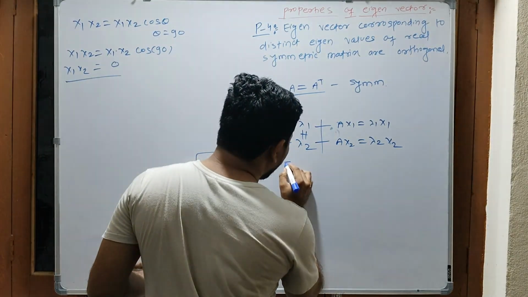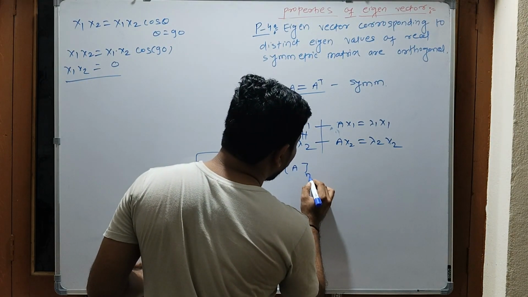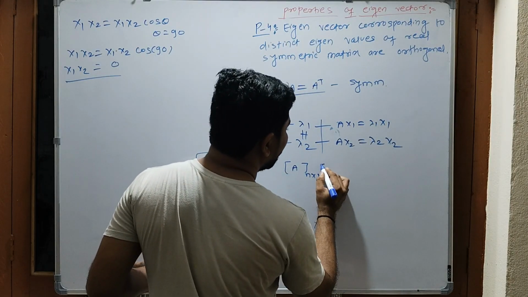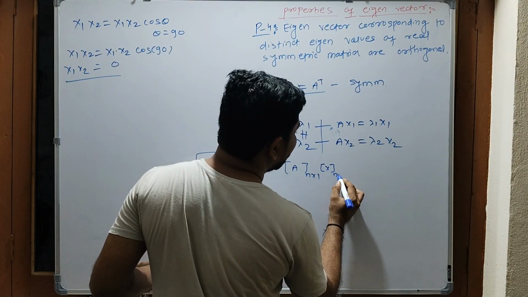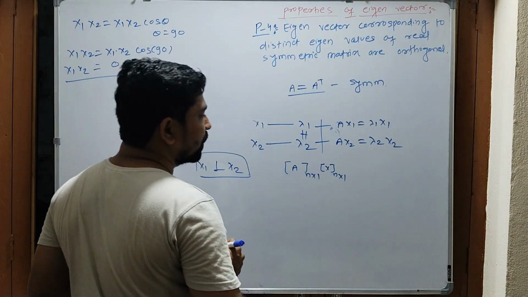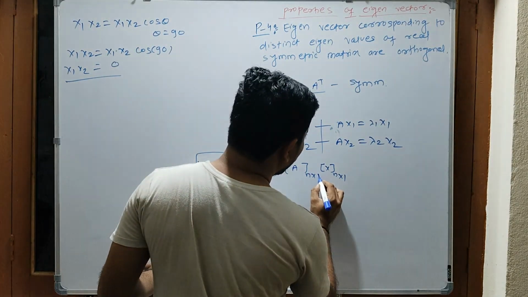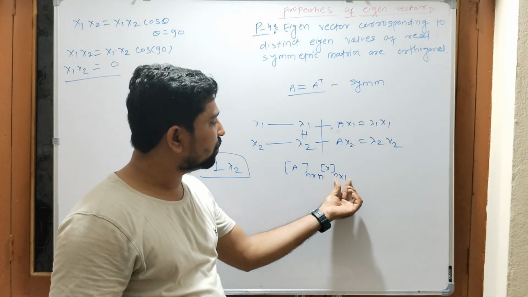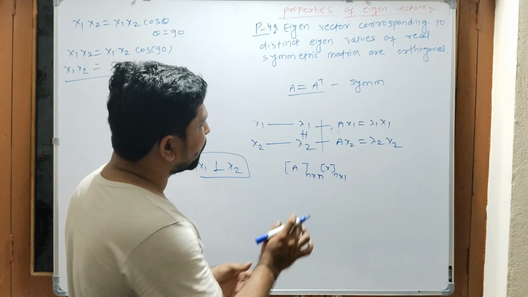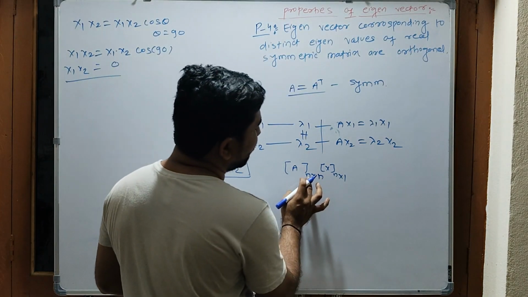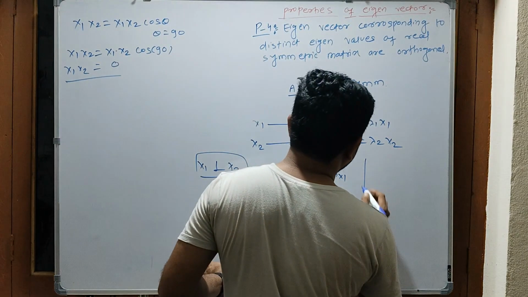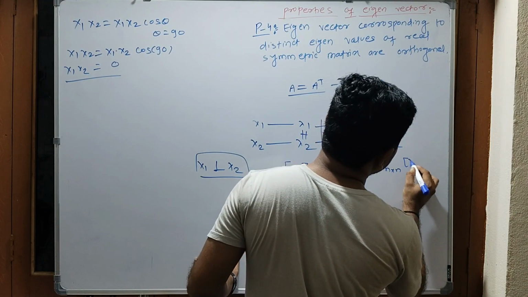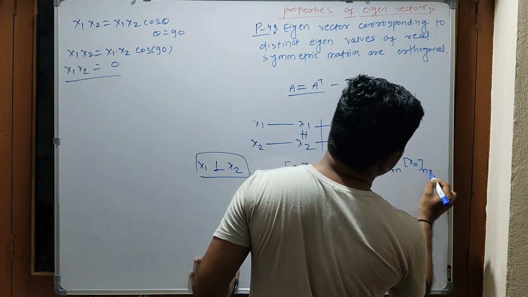Let's say my matrix A is of order n cross n and x is of dimension n cross 1. So this matrix multiplication between A and x is possible. In the same way, A is of order n cross n and x2 is a column vector of order n cross 1.